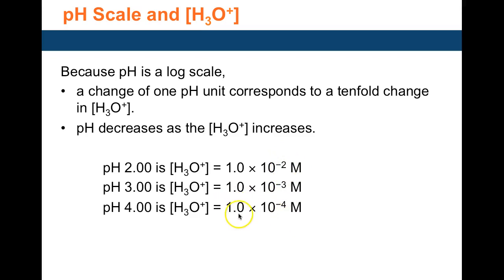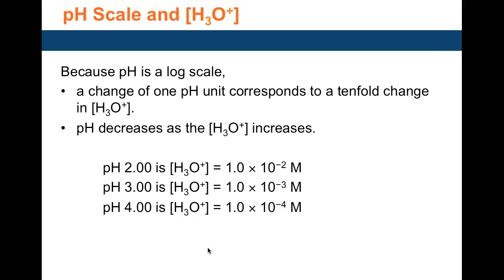As long as the coefficient in the H3O+ is 1, you don't even have to plug it into your calculator. So 1 times 10 to the negative 2, that's pH 2. 1 times 10 to the negative 3, pH 3. 1 times 10 to the negative 4, that's pH 4, and so on.